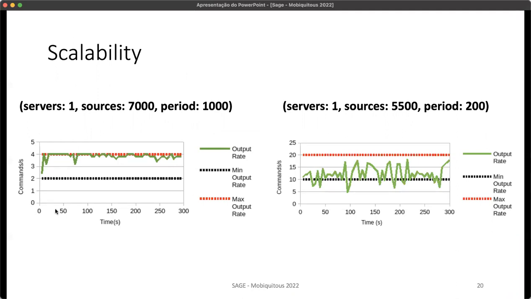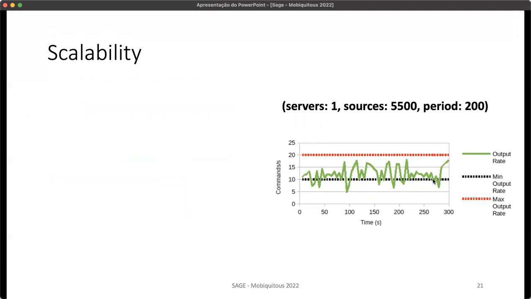This is not always so. Here we have an example with also a single server, a little fewer sources, in the period of 2,000 milliseconds, and we see that sometimes the server by itself struggles to keep this pace, and sometimes it falls below the limit, although the adaptation algorithms try to keep it always between those two lines.